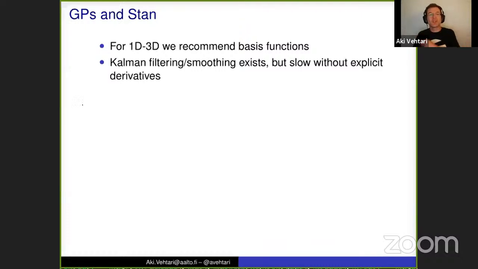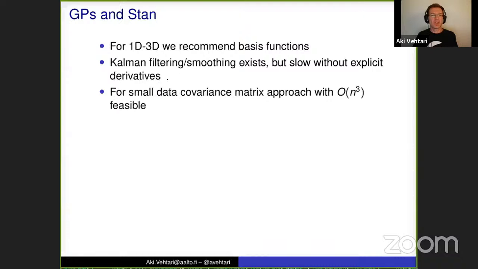So again, autodiff through the iterative algorithm is not fast and would need someone to add built-in things. Oh, there's actually, I remember, one limited implementation related to that. For small data, the covariance matrix approach with just using Cholesky and having the cubic cost is feasible.